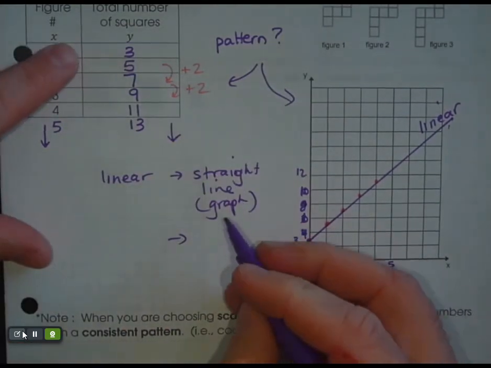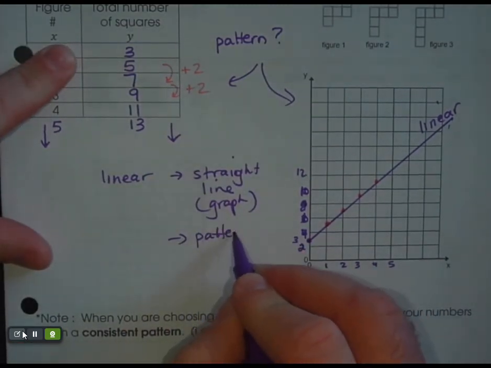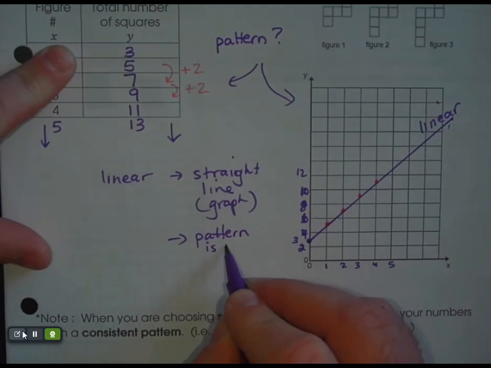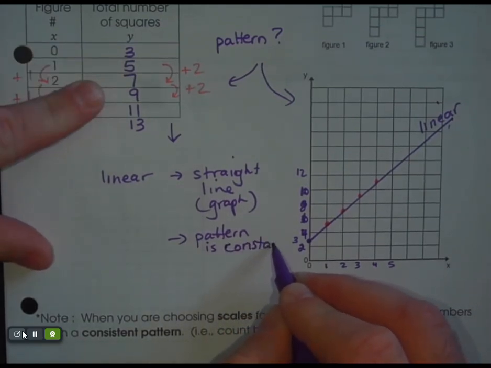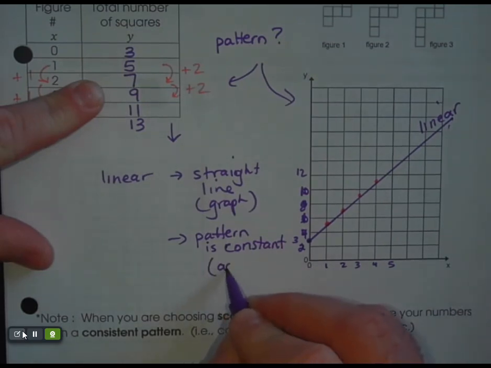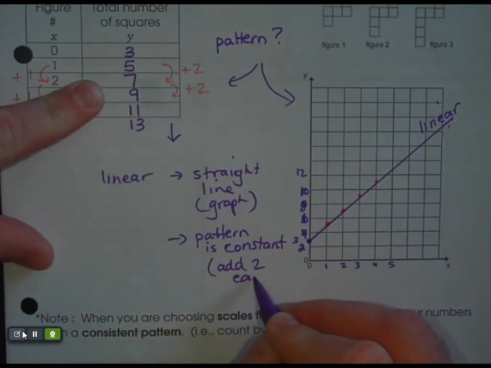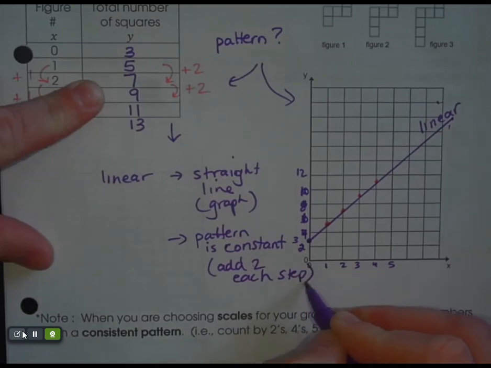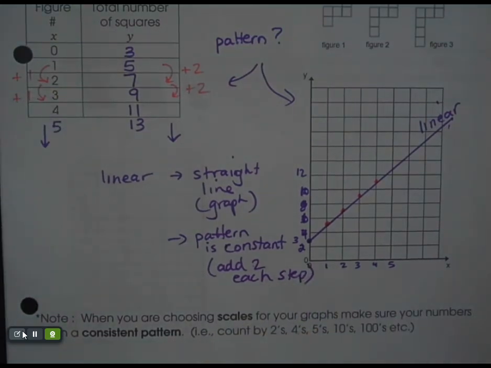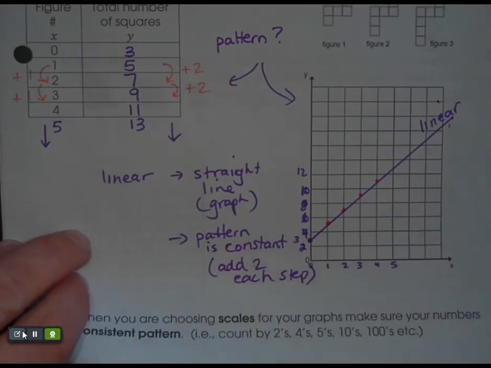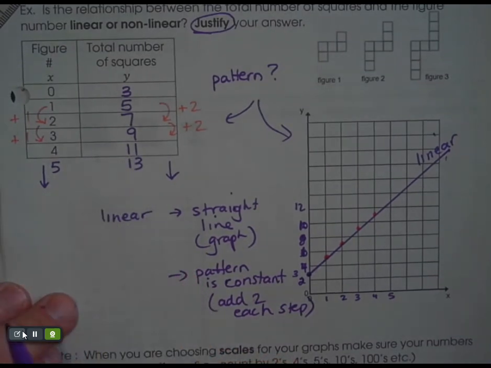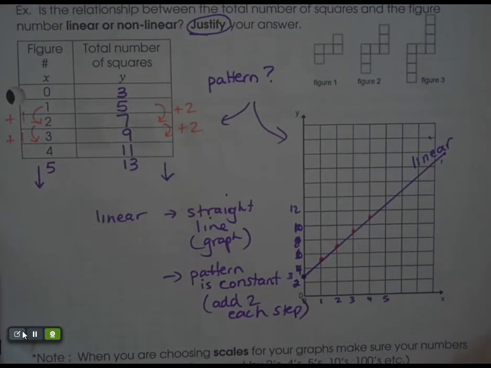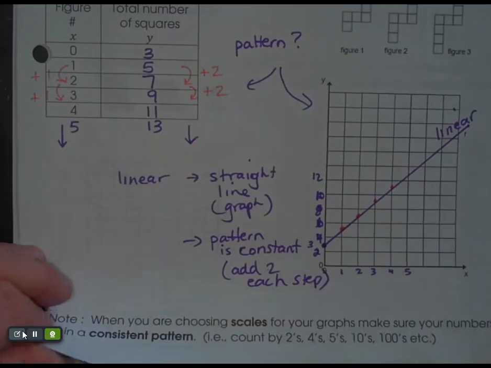But also, my pattern is constant because I'm adding 2 for each step. That's what I'm looking at. And we could technically move on. We could also eventually make an equation out of this, and that's something that we're going to look at as we move forward.